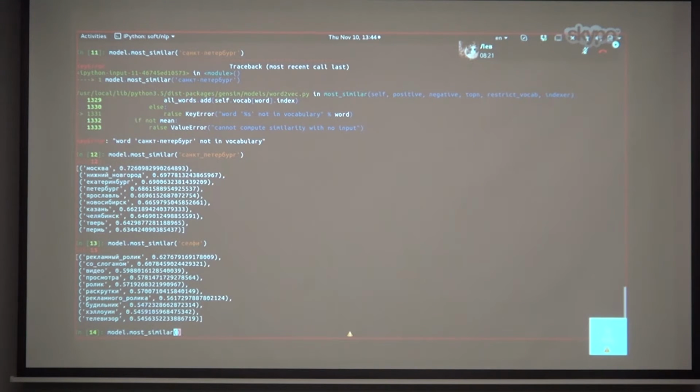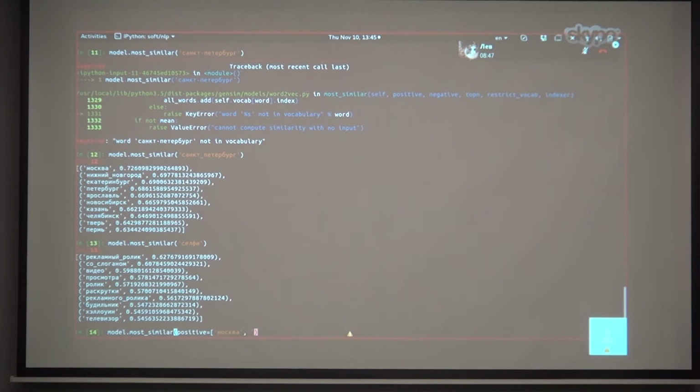Let me just show you how it works, and then we can try your suggestions. Let's try to have Moscow. I'm not sure whether it will work, but let's try to see a linear relation between the vectors.